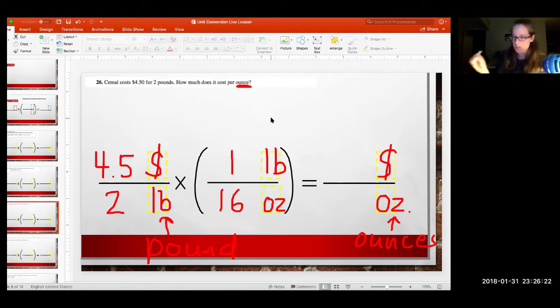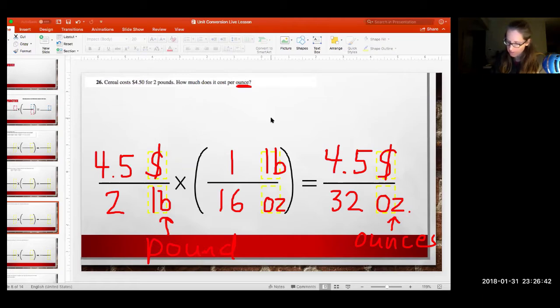So now we're going to do the math. 4.5 times 1 is 4.5. 2 times 16 is 32. If I had time, I would do all the fun math here, but I'm using my calculator just this once.